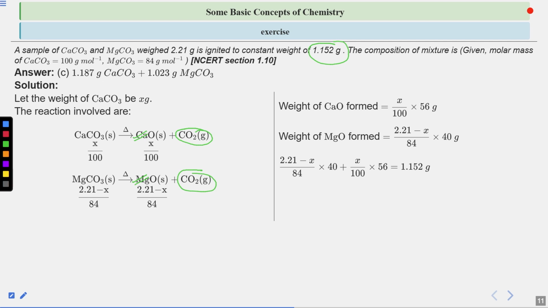Again, I am repeating it: this is the mass of calcium oxide and this is the mass of magnesium oxide. The total of these will be the mass of the product, because we are not considering the mass of carbon dioxide, which is escaping the reaction mixture as it is a gaseous product. Got it? Now we can just equate this whole thing and get our x value as 1.187 grams.